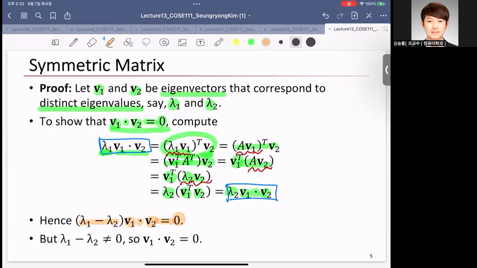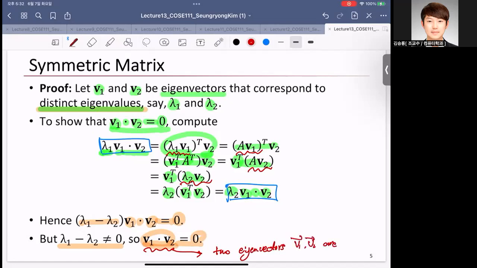Here we assume λ1 minus λ2 is not equal to 0 because we assume the two eigenvalues are different. So the inner product of V1 and V2 should be 0. In other words, the two eigenvectors V1 and V2 are orthogonal.